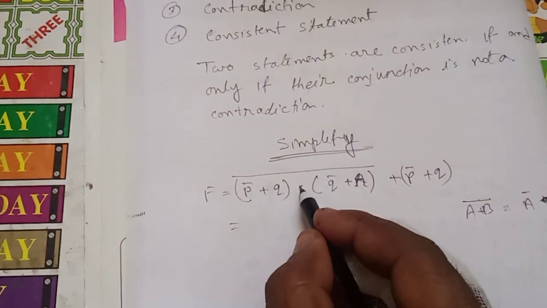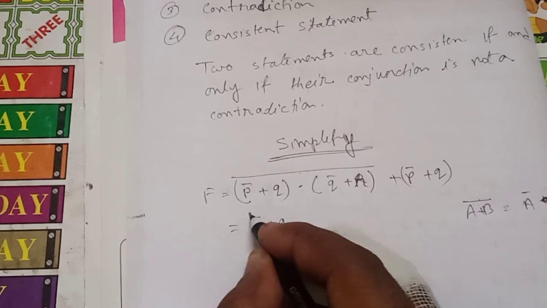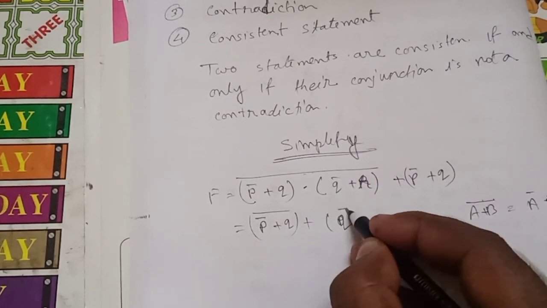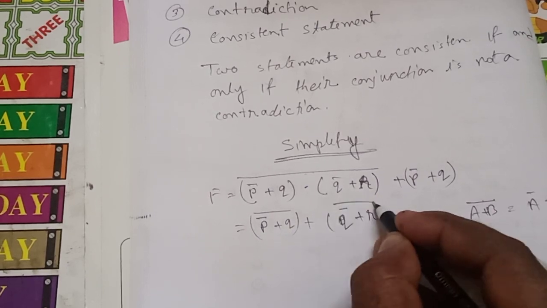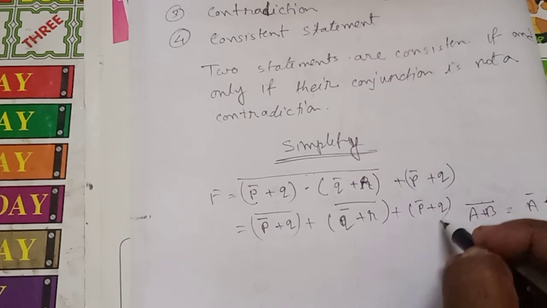So here the dot is here, if I break it, (p bar plus q) whole bar plus (q bar plus r) whole bar, and the remaining is still the same, p bar plus q.